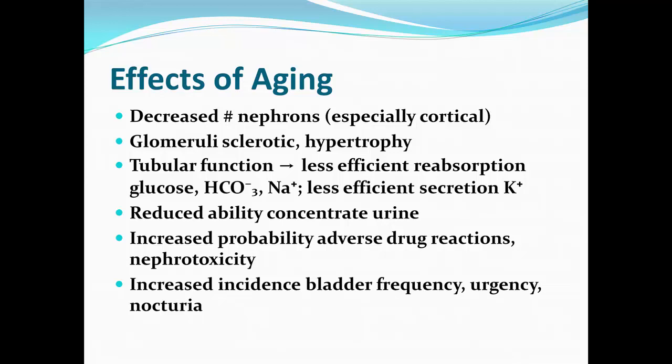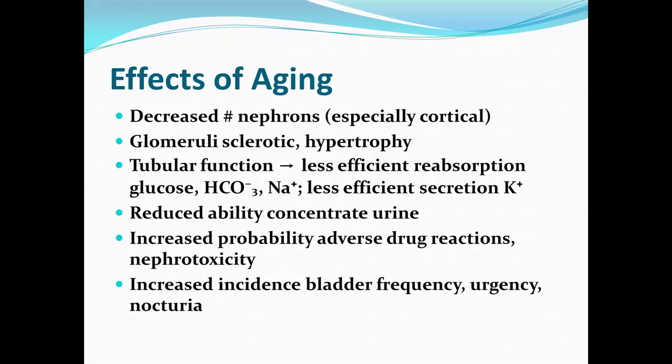So as a result of some of the changes of aging, you may be more alert to glucose in the urine, and more likely to develop acid-base, as well as fluid and electrolyte disorders if their kidneys are stressed. As we get older, we have a reduced ability to concentrate our urine because of the changes in reabsorption and secretion.